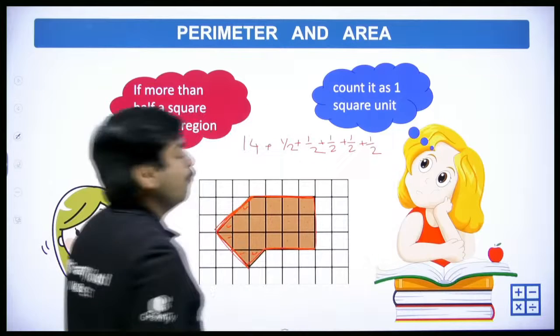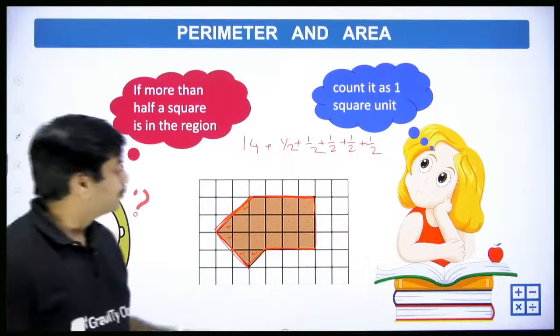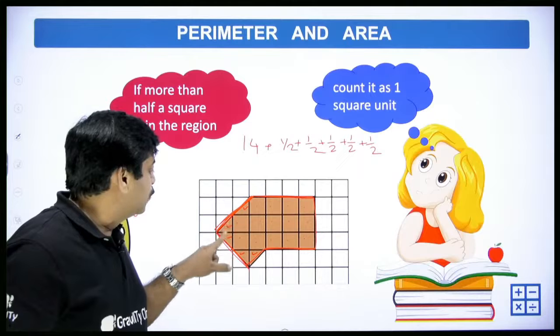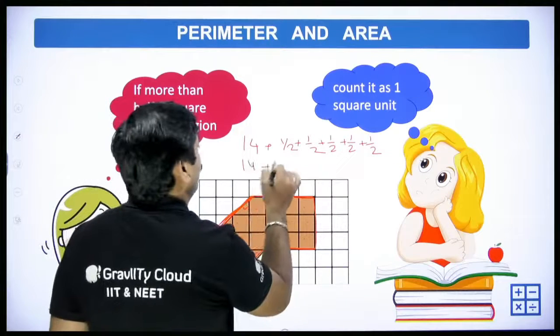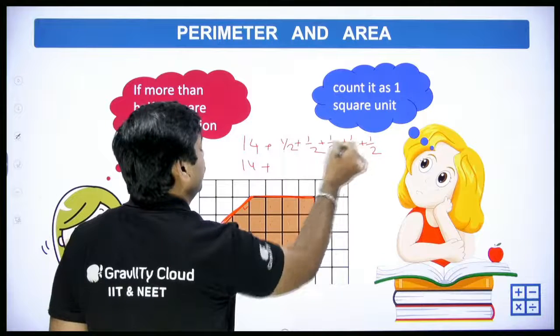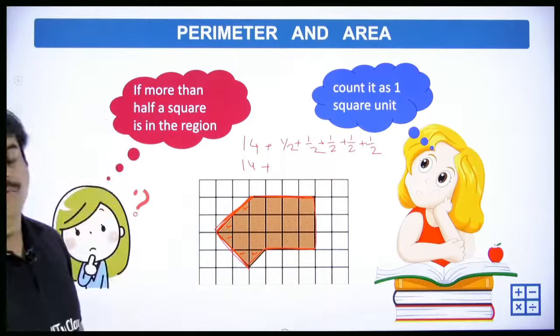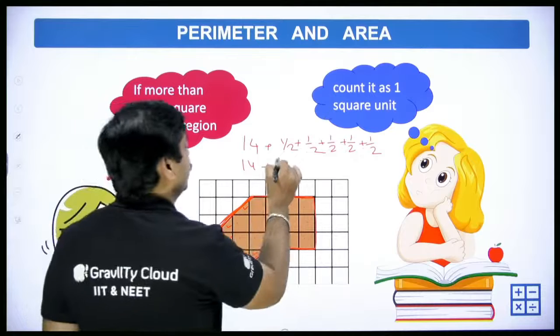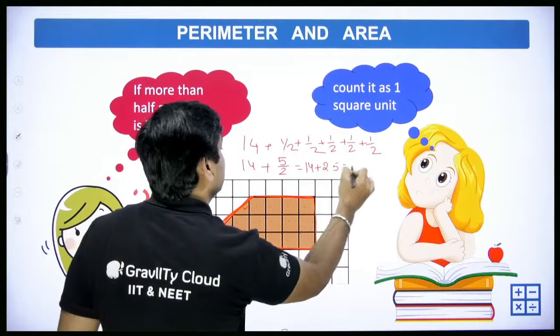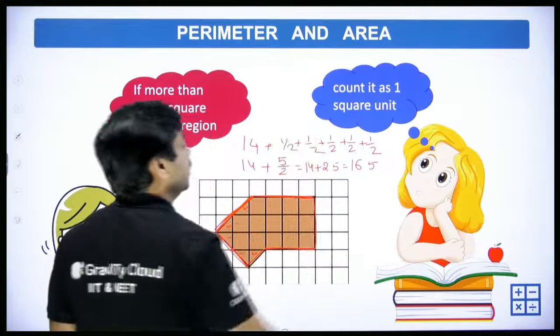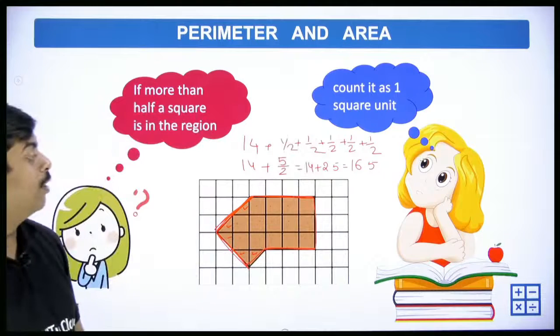Once again, let me see what all the half boxes we have: 1, 2, 3, 4, 5. So 14 plus 1 by 2 five times will get 5 by 2. 14 plus 5 by 2, which is 14 plus 2.5, which is 16.5.